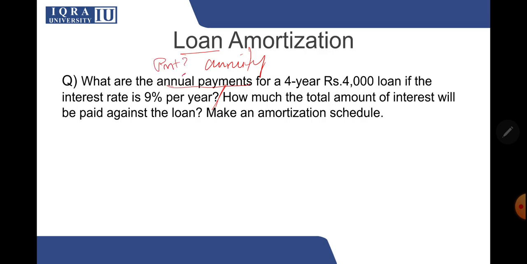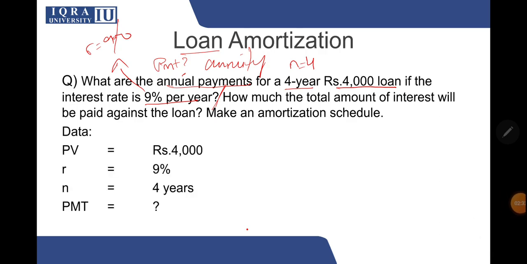So what are the annual payments for a 4-year, your N is 4, 4,000 loan if the interest rate is 9%. Your R is 9%. So let me just write down the data that we have. The present value is 4,000, the rate is 9%, the N is 4, and we need to find out the PMT.